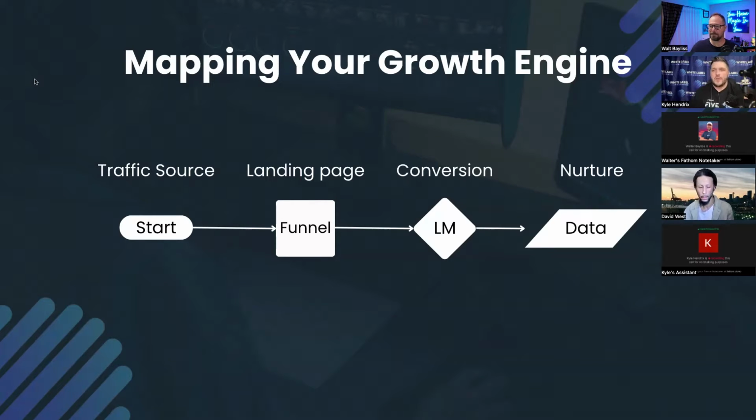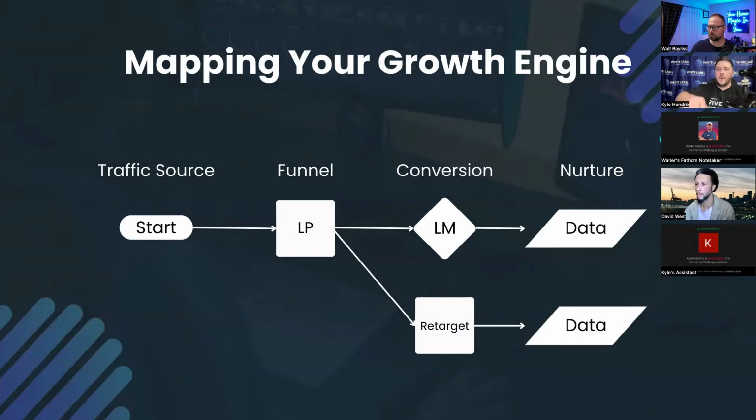So whether that's like a lead magnet, or signing up for something free, they just give their email address to, and then the data that you collect and how you nurture them. Like this would be the basic start of your growth engine. But as I mentioned, even taking that a step further, you can go, okay, well, if they land on the funnel, then we retarget them. If nothing happens, then we collect the data. So just keeping it as simple as possible makes those things really easy to map out.